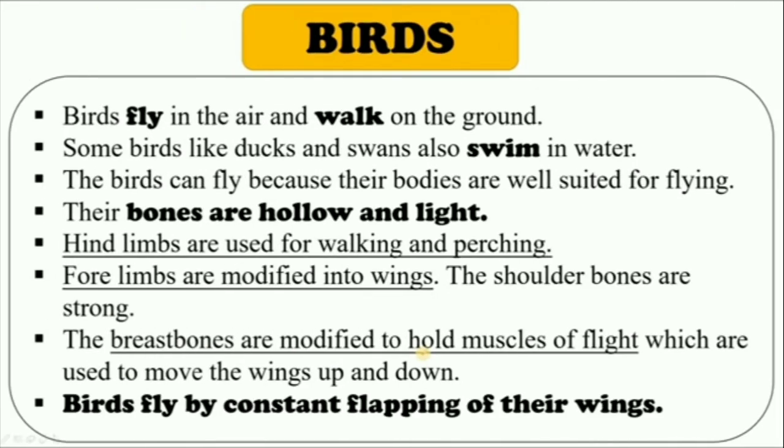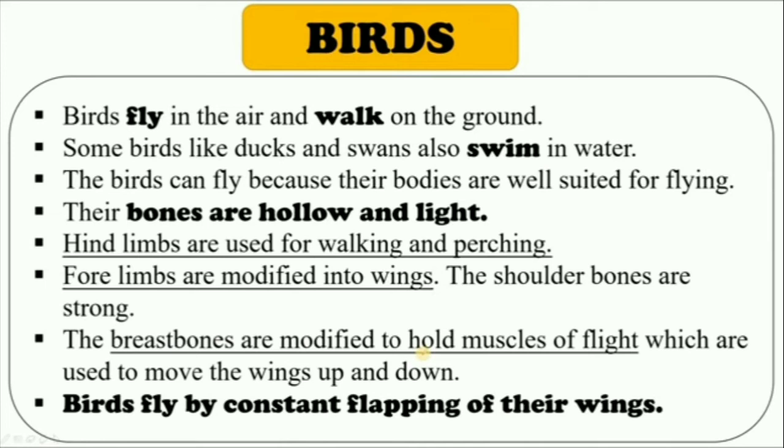Next one, movement in birds. Birds fly in the air and walk on the ground. Some birds like ducks and swans also swim in water. The birds can fly because their bodies are well suited for flying. Their bones are hollow and light.